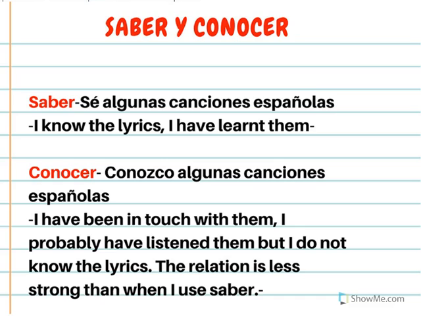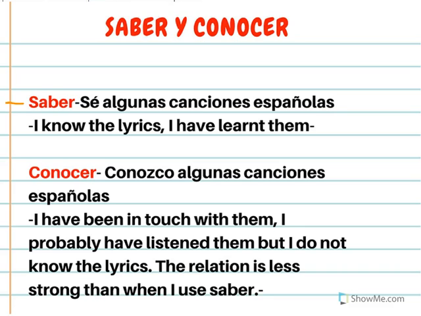Let's see the gray area between saber and conocer. If you say, I know some songs, in English it is not very clear whether you know them by heart or you're just familiar with them a little bit. You've heard them a couple of times. Spanish actually has a way to distinguish those two ideas.